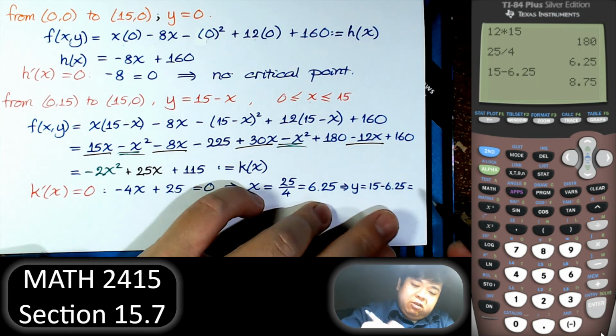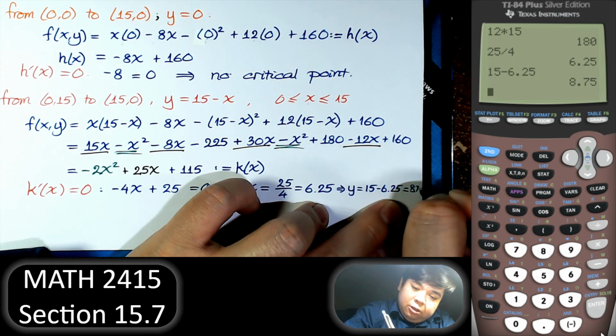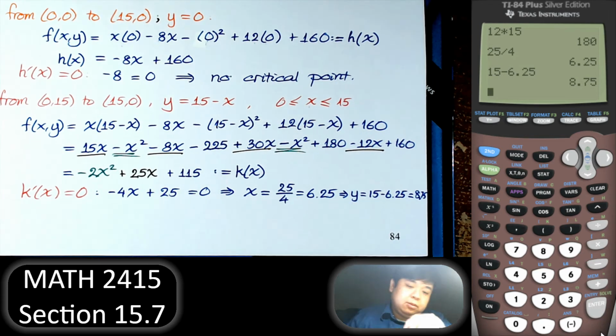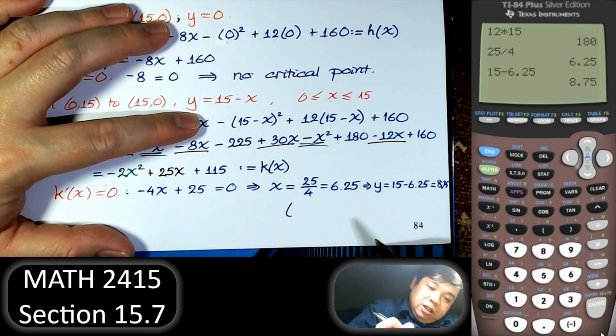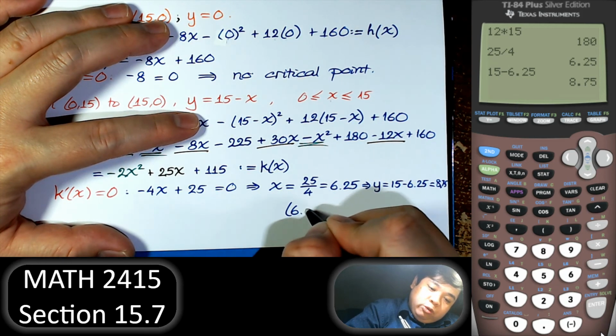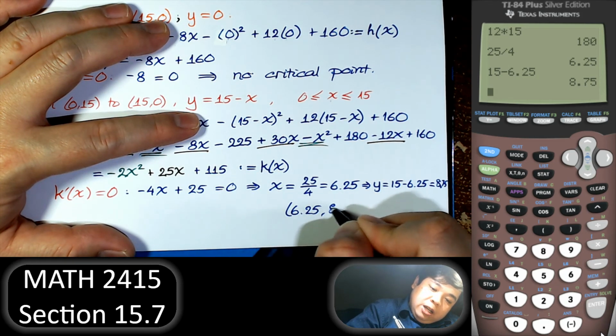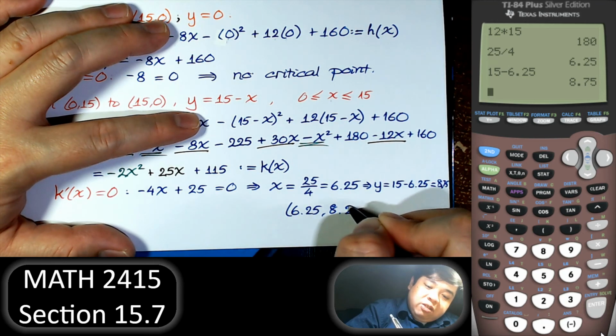So 8.75. So we have the point 6.25, 8.25, 8.75, sorry.